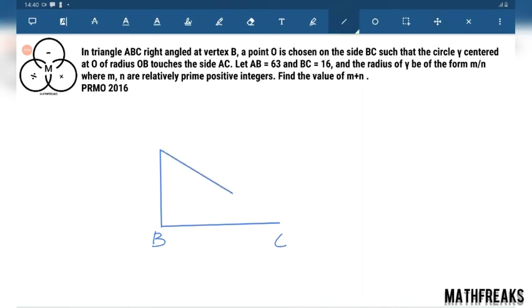Let's join this. Such that the circle centered at O, radius OB, touches side AC.